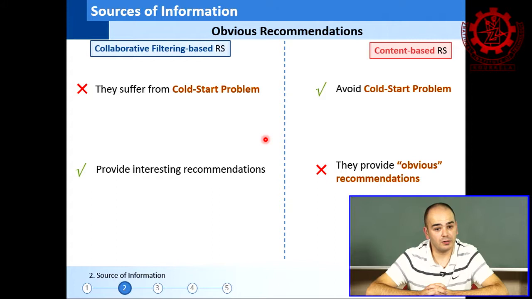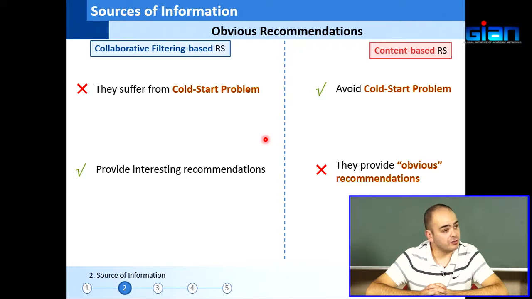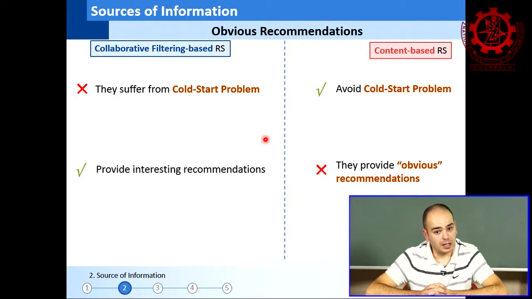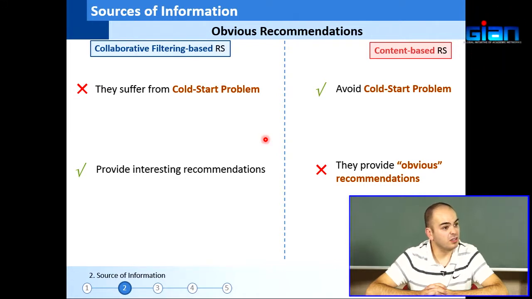So here we have in this slide the drawbacks and advantages of these two approaches. The first one, collaborative filtering-based recommender system, suffers from the cold start problem, but provides interesting recommendations to users. On the other hand, content-based recommender system, although it avoids the cold start problem, usually provides obvious recommendations, and in this way is not very well considered by users.